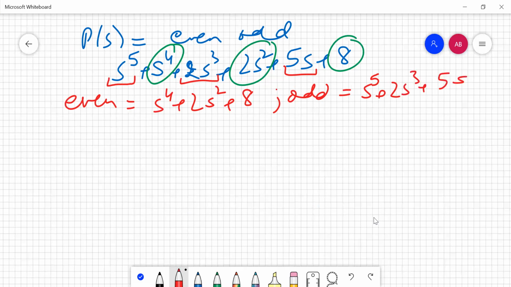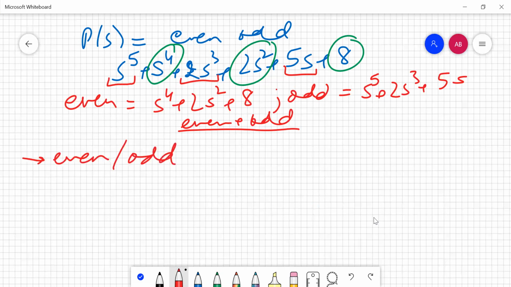So all polynomials can be separated into even and odd polynomials, and the total polynomial is the combination of the two polynomials, except for the case where the polynomial is only even or only odd, and the roots of such polynomials lie on the imaginary axis. Roots of even or odd polynomials all lie on the imaginary axis.